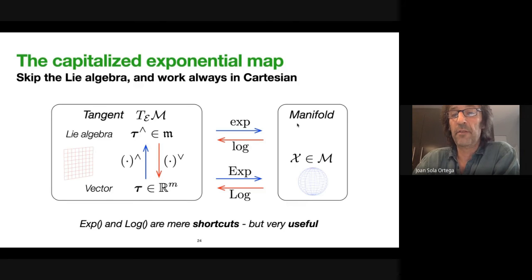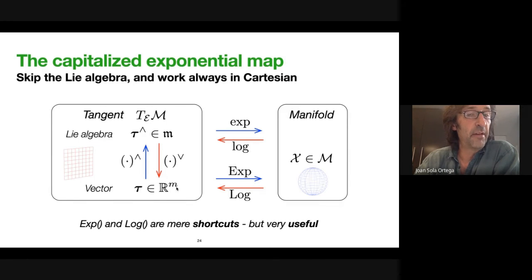So you have the manifold, which is nonlinear, curved, and so on. And you have the tangent space, which is flat, linear, and so on. And you have two representations for the tangent space. Let's call all vectors in the tangent space expressed as Cartesian vectors tau. It's just a Greek letter, and it's tau because it's tangent. It belongs to R^m. This is a linear space of dimension m.